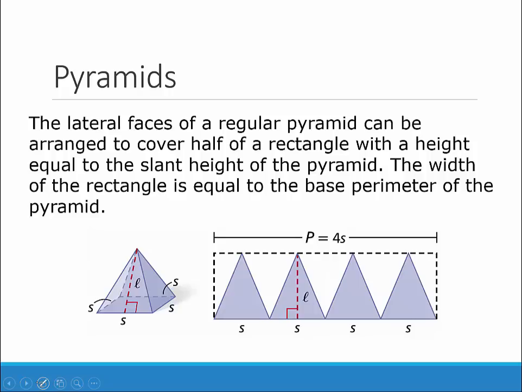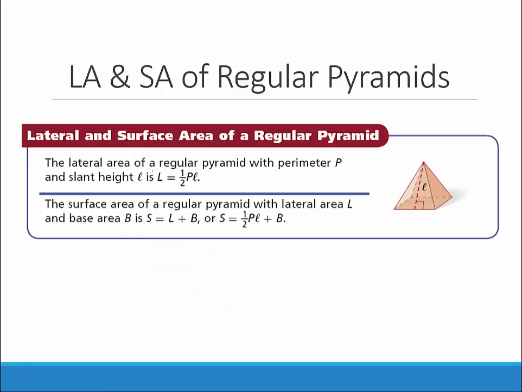So where these formulas come from is because if you were to take all the lateral areas of this square pyramid, they can cover half of a rectangle. Like this right here and this right here can be those two triangles here. And this length is the perimeter, and this height is the slant height. So that's why when we look for the lateral area, it is 1/2, because it only covers half of that rectangle, times the perimeter, times the slant height.